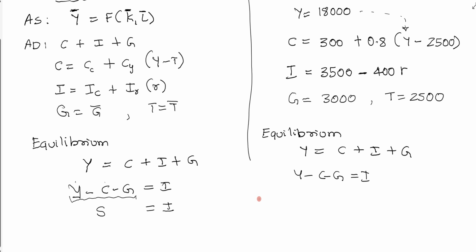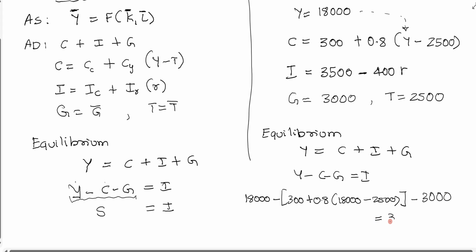In the numerical framework, we are now going to substitute all the values. Y is 18,000, C is 300 plus 0.8 times 18,000 minus 2,500, and then government spending is minus 3,000, and that is equal to our I, right?